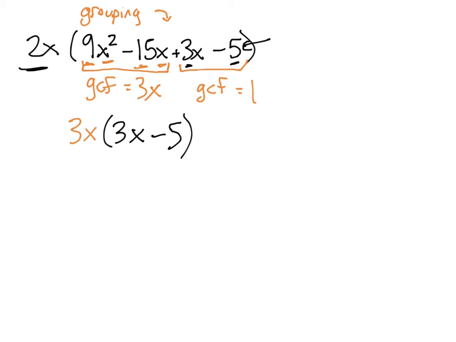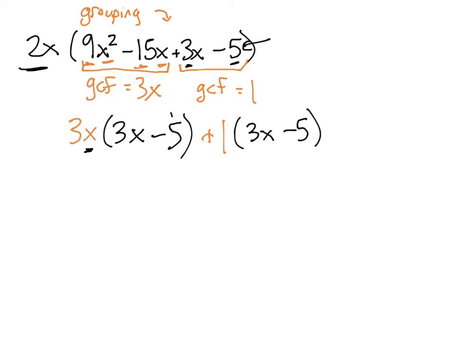X divided by this x that we've now factored out is equal to 1, so we just have negative 5. And we said we're not really able to divide anything in this second pair of terms, so we'll just rewrite that with a 1 outside of our parentheses here.